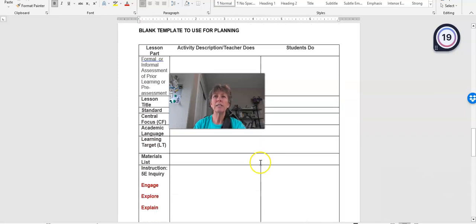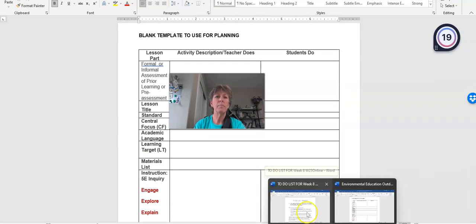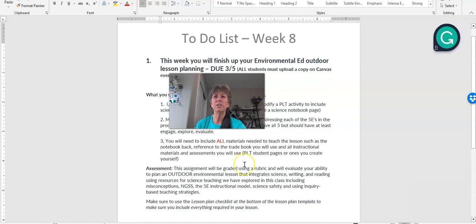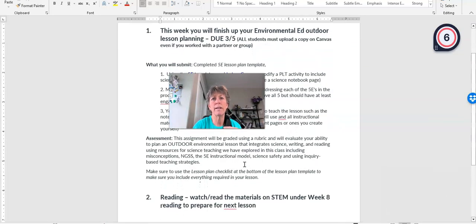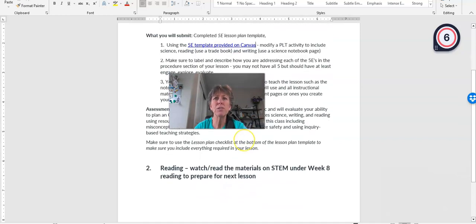So that is your assignment for this week. Again, as I mentioned, you'll be able to just copy and paste a lot of this from the last 2 weeks, but you will be writing additional descriptions, creating any materials for the lesson, and attaching those. And I would prefer that you put all of that at the end of the lesson plan rather than submitting separate documents for the lesson.